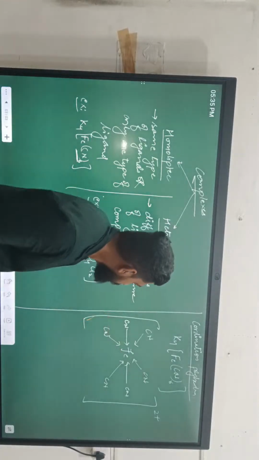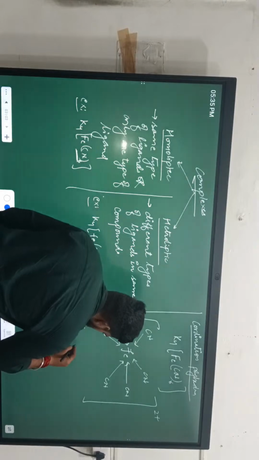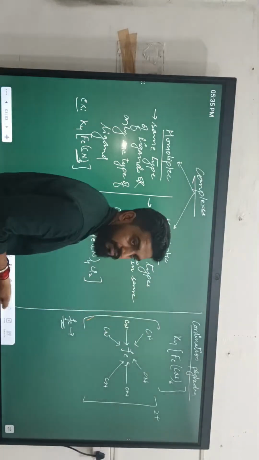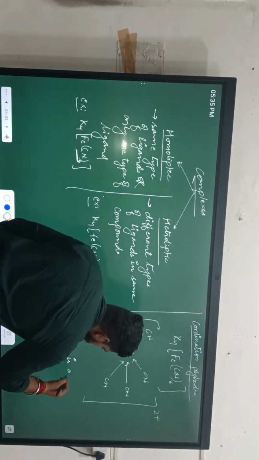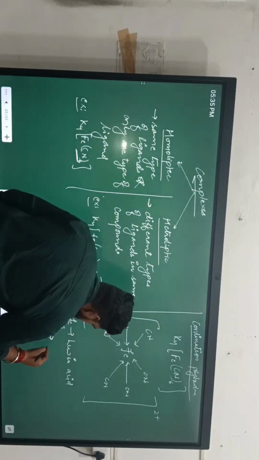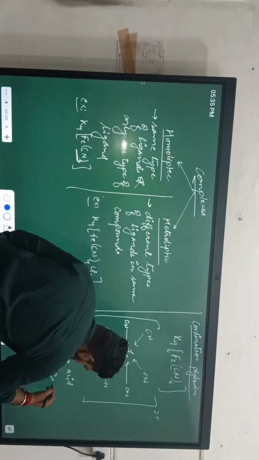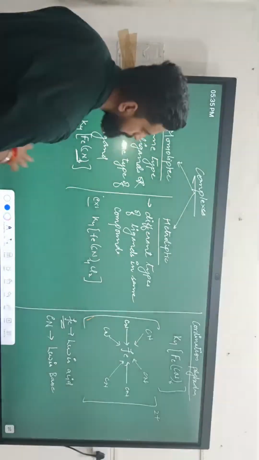So since iron is accepting the lone pair from cyanide, hence it is known as Lewis acid, and cyanide which is donating electron is known as Lewis base. So these are the basics of coordination compound.